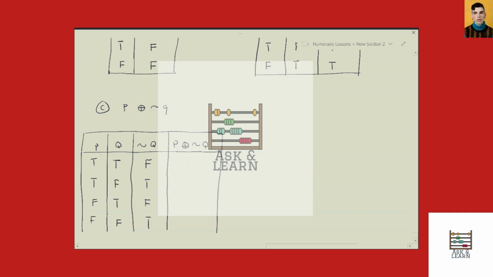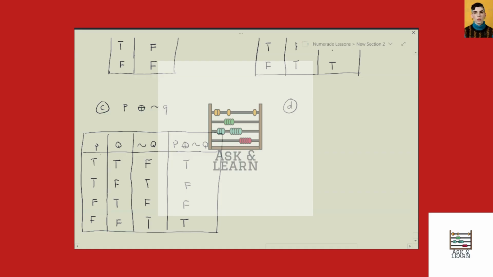So that is true because at least one of them is true. The second, that is a true and a true, so this is false because all of them cannot have the same value. A false and a false, so it's false. A false and a true, one of them is true, so that is true as well. Okay, so let's go to the next one.